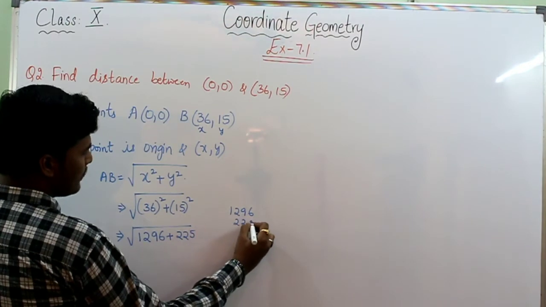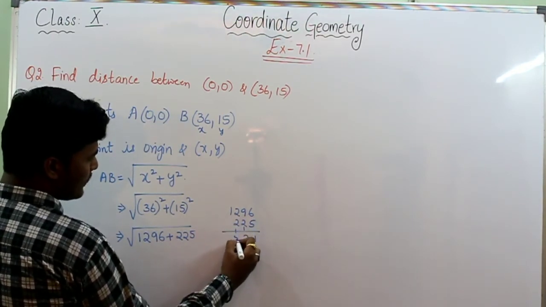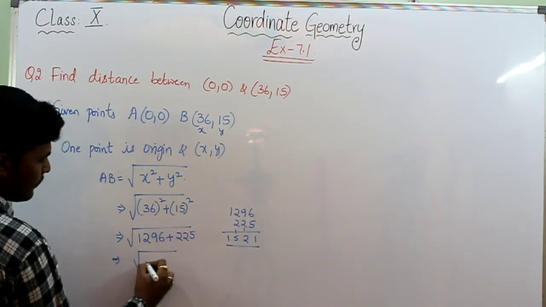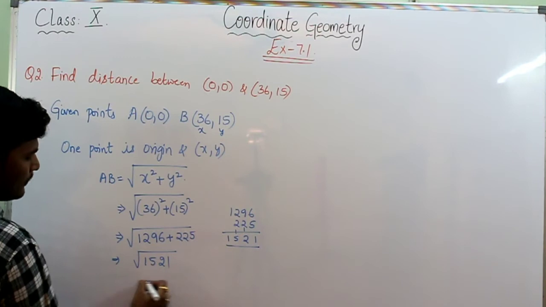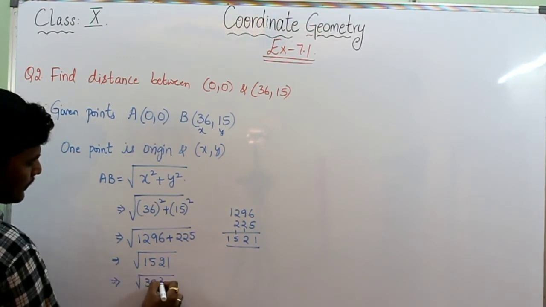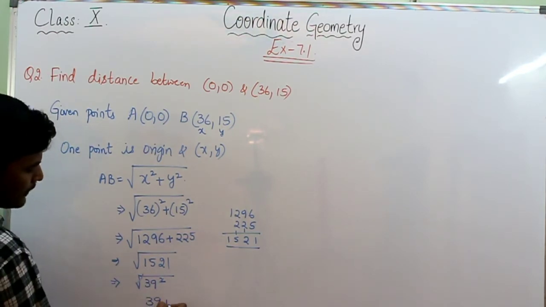Now let us add these two, we will get 1521. So this implies square root of 1521, which is nothing but 39 square. Now square and root get cancelled, we are left with 39 units.